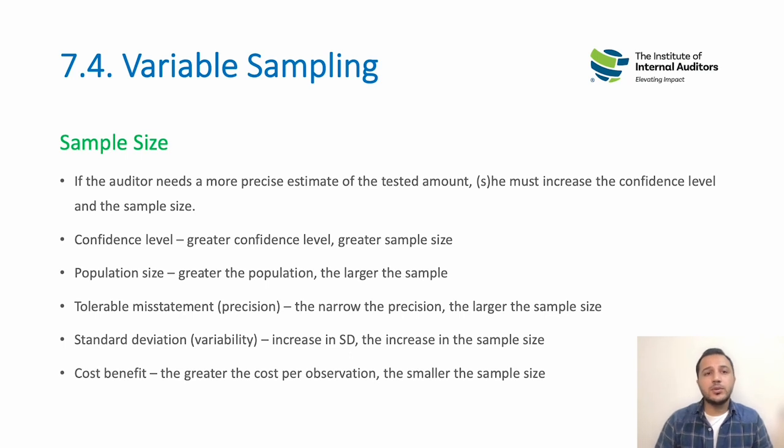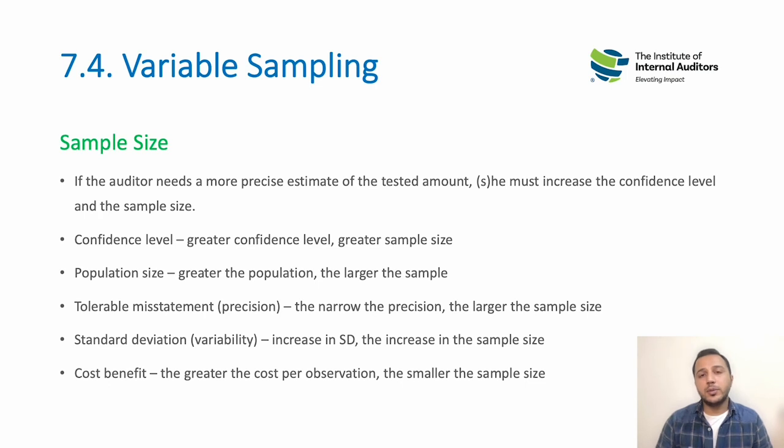Similar to attribute sampling, under the variable sampling approach, you can determine the sample size based on the confidence level. If you need more confidence towards the population of the data, you have to increase the sample size.